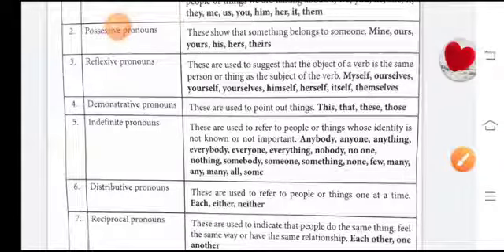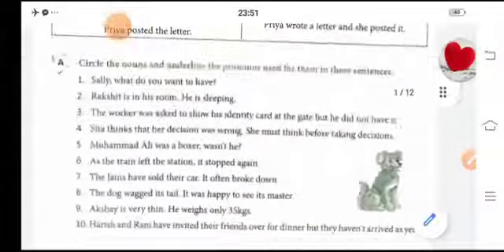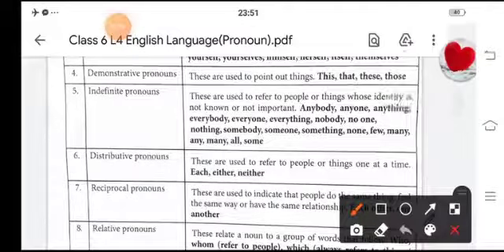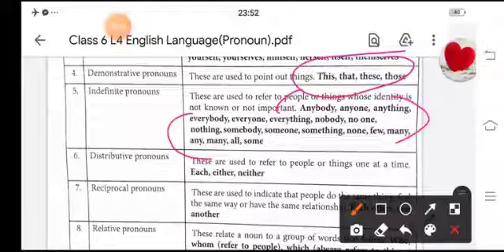Demonstrative pronouns means this, that, those. Indefinite pronouns are used to refer to people or things whose identity is not known. For example, anybody, anyone, anything, everybody, everyone, everything, nobody, no one, nothing, somebody, someone, something, none, few, many, any, all, some.